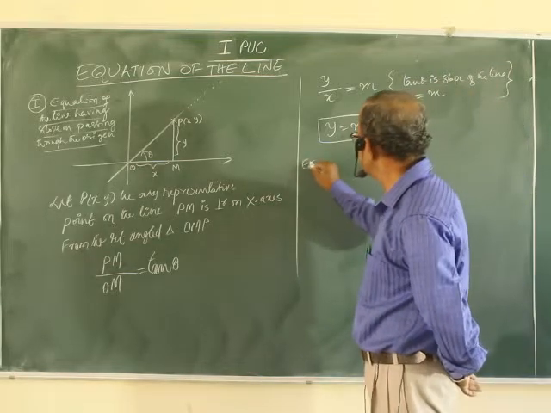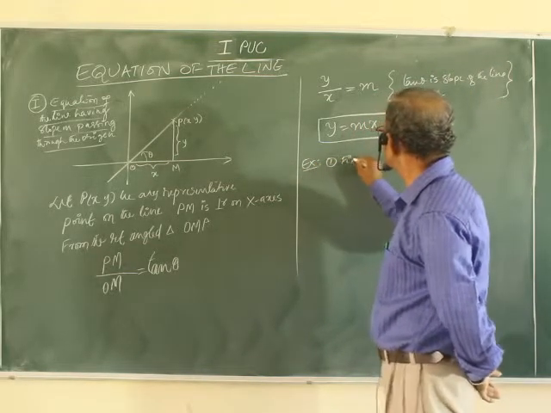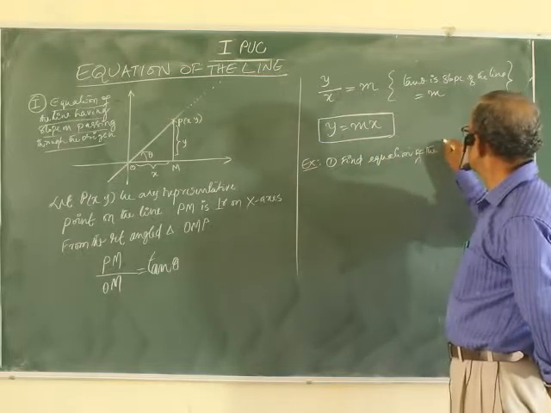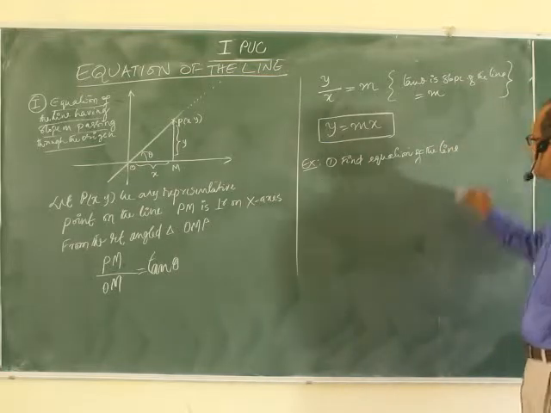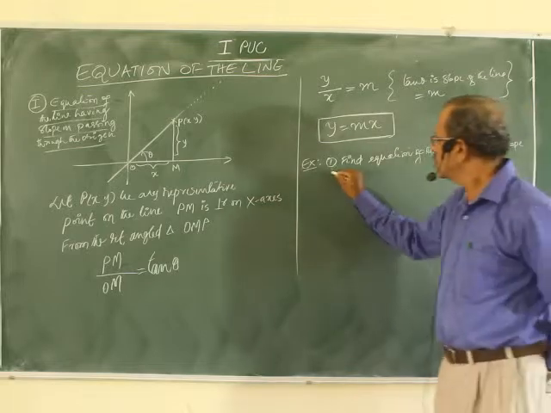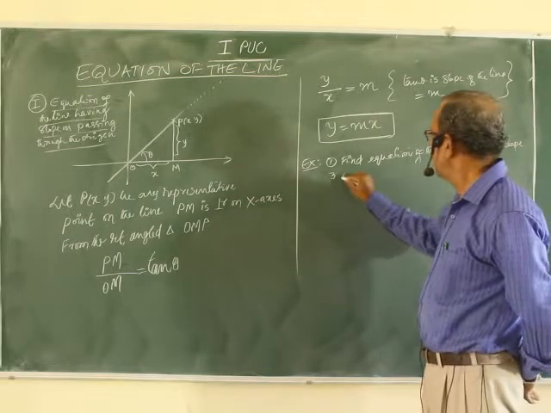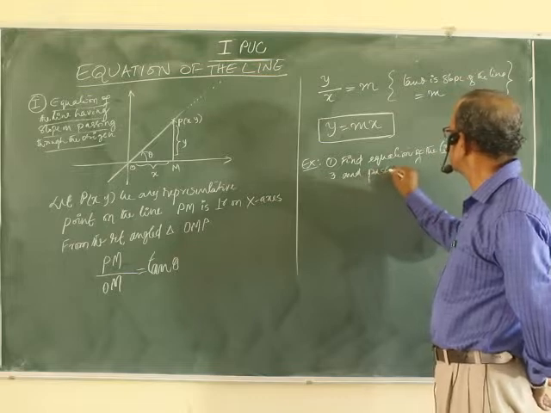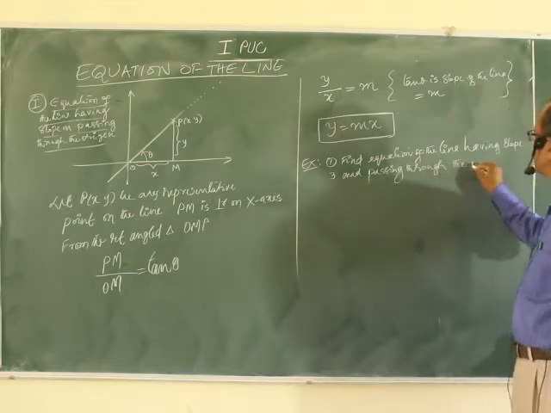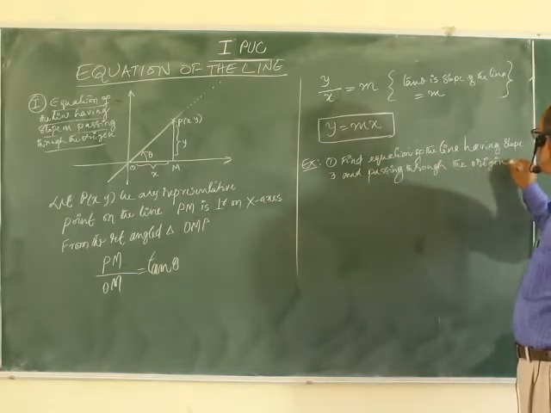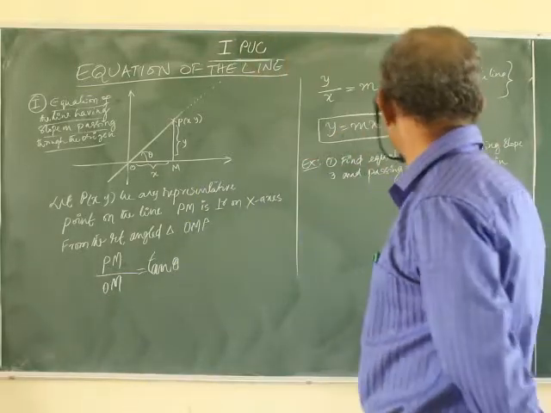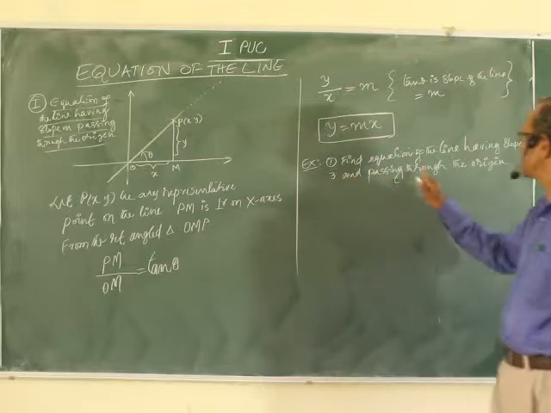Example. Find the equation of the line having slope 3 and passing through the origin. Problem is ready. Find the equation of the line having slope 3 passing through the origin.